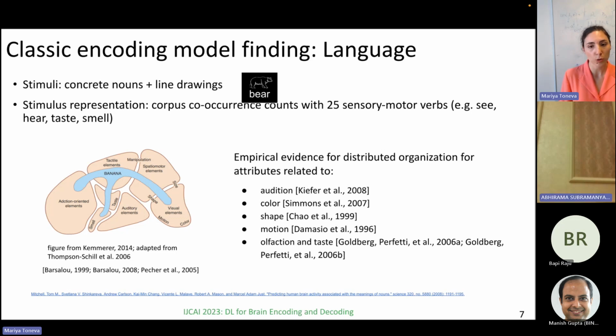So now essentially in order to represent bear, the vector that is used to represent bear has the co-occurrence of bear with these different verbs. So see bear, hear bear, taste bear, and so on.